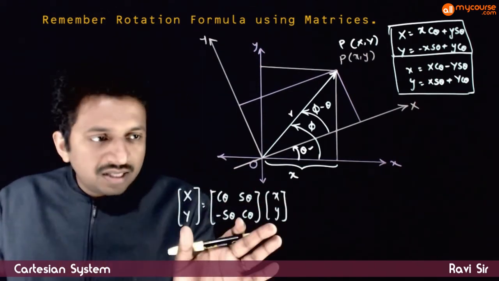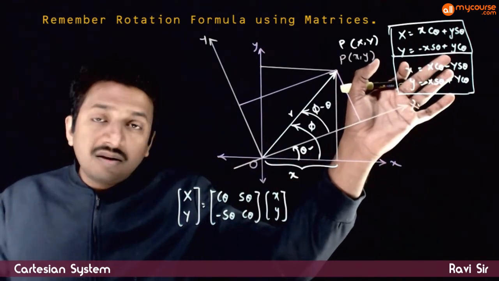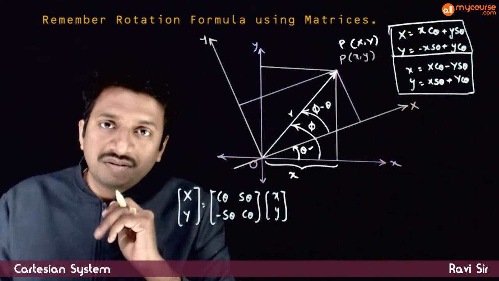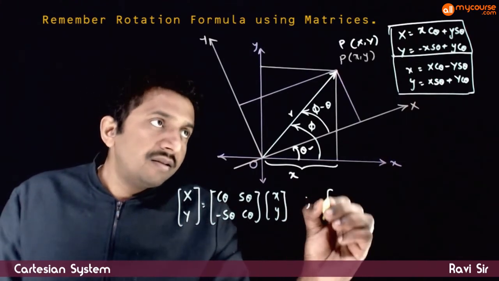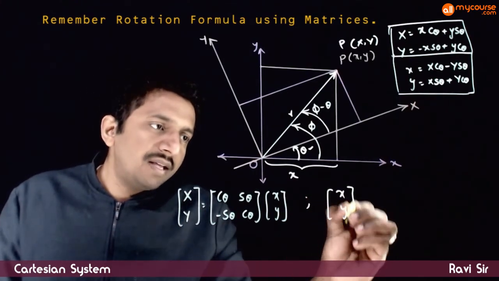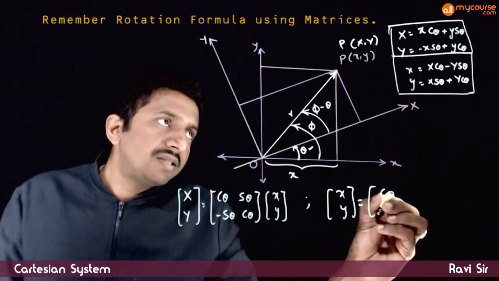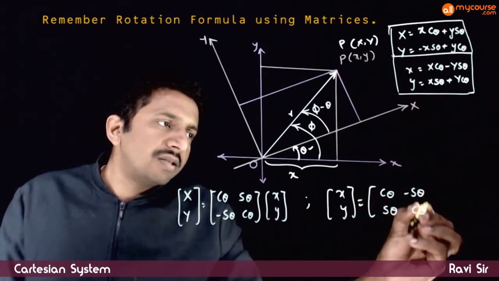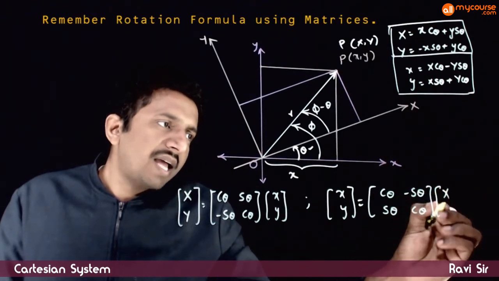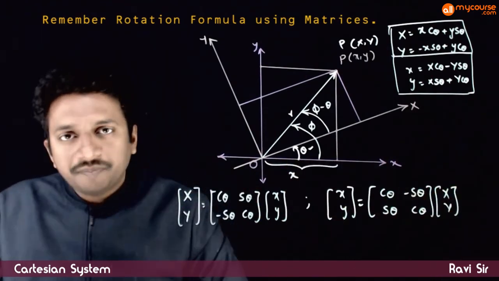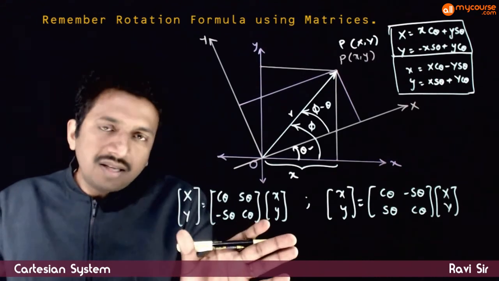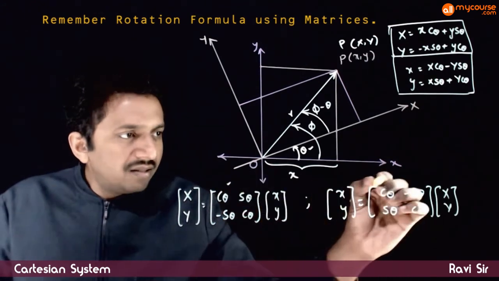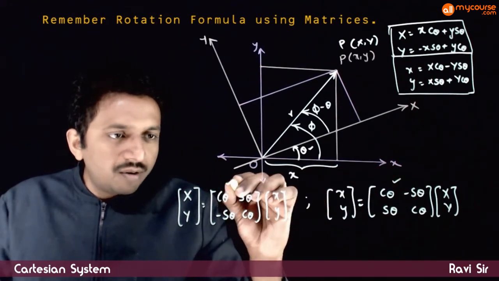This is the matrix form of these equations, and small x small y is equal to the matrix cos theta, minus sin theta, sin theta, cos theta times capital X capital Y. So in these equations, only this is something which you need to remember separately.